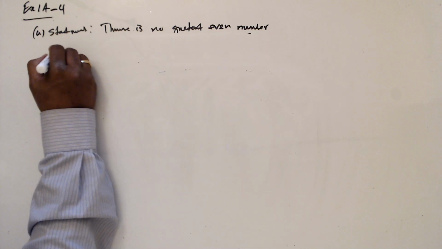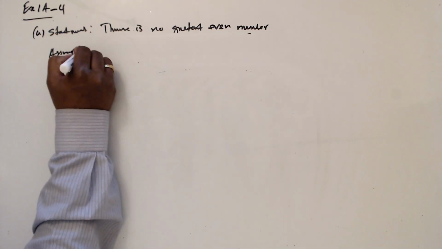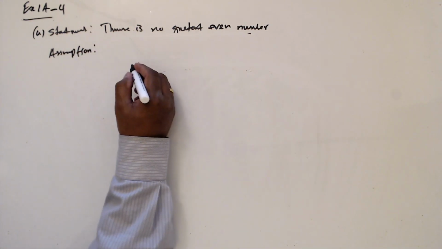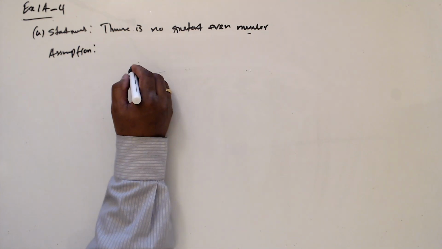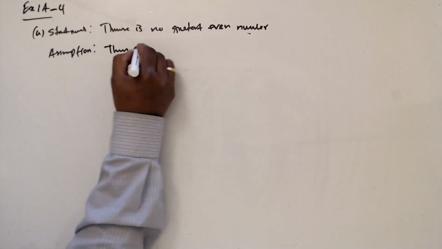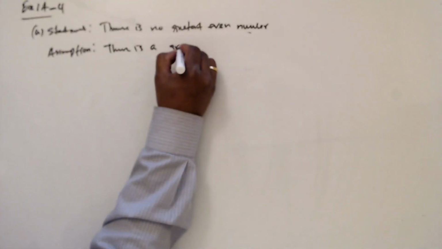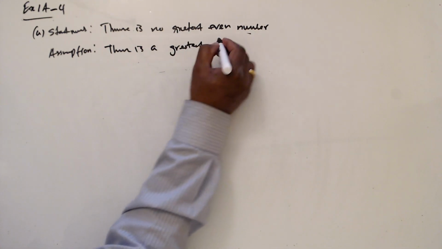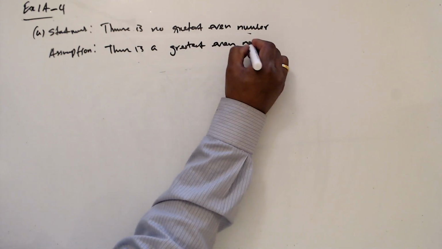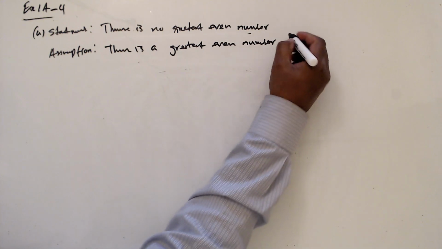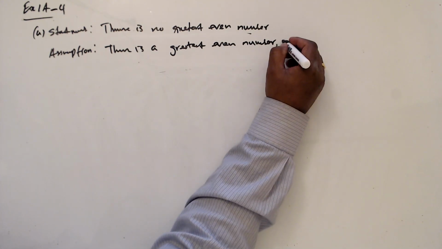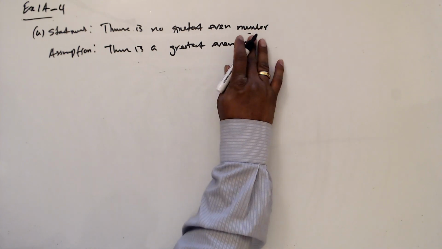Now we want to write the negation or the assumption. So the assumption is going to be there is a greatest even number. We'll consider an even number or even integer.